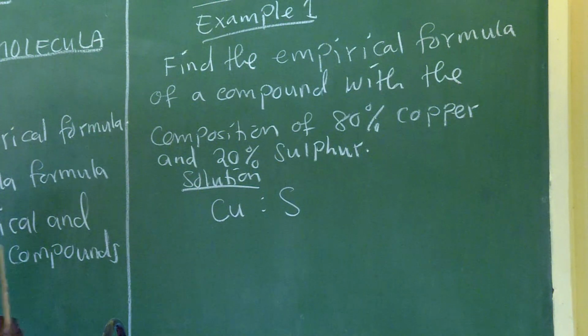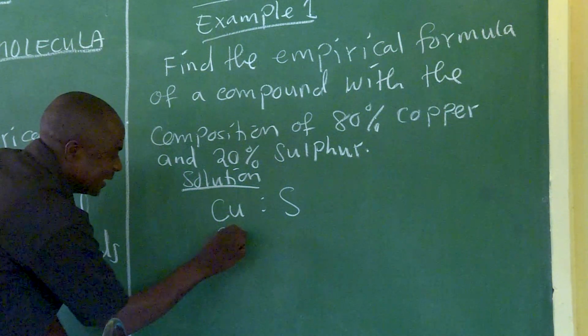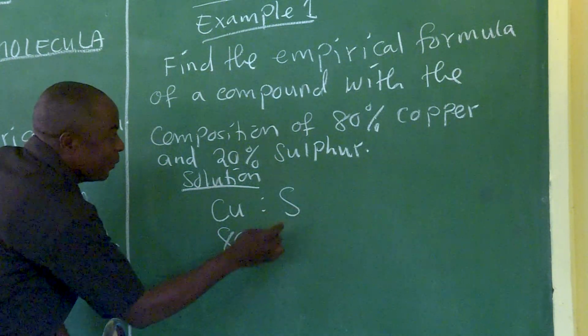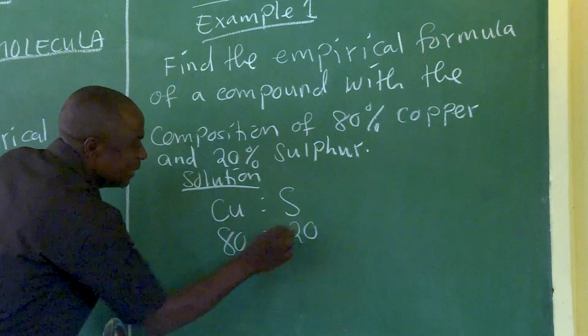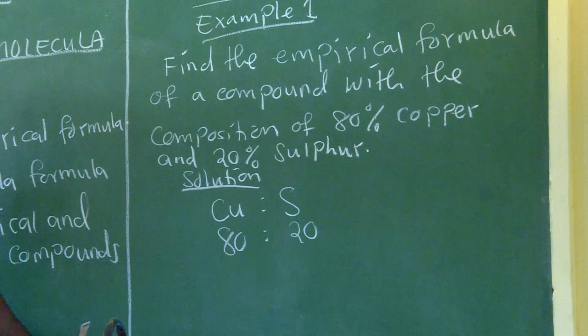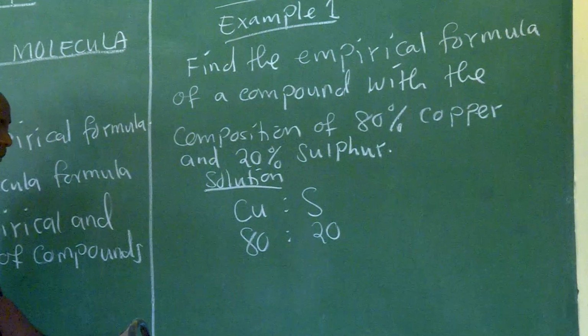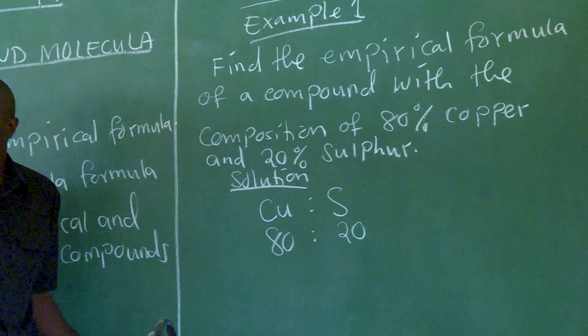Then you look at the question. What is the percentage of copper? There is 80%. Whereas sulfur, there is what? 20%. You write them under that. This is their percentages, 80 and 20%.